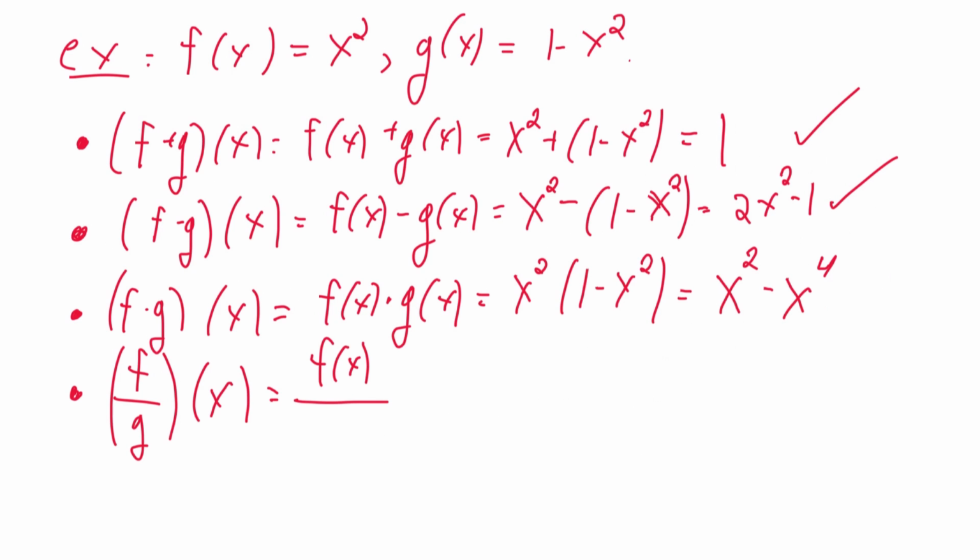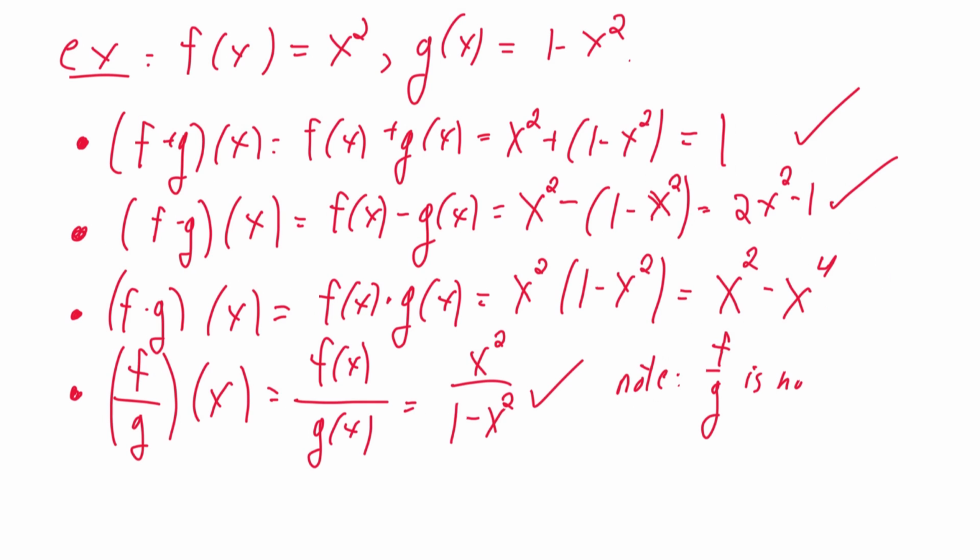So f of x divided by g of x. So x squared divided by 1 minus x squared. So this is fine, but note f divided by g is not defined at plus and minus 1, because this would give division by 0.